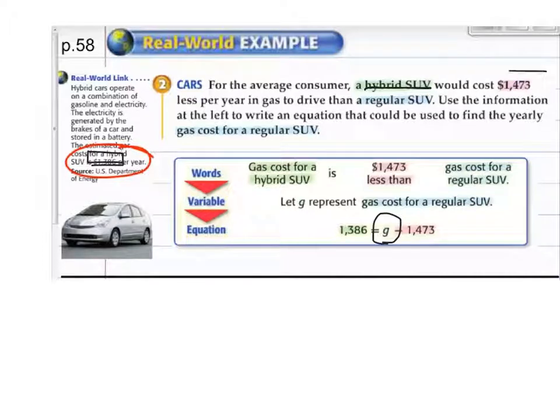But from up here in our problem, we know that a hybrid SUV is $1,473 less than a regular SUV. So we're taking our unknown, the gas cost for a regular SUV, minus the difference between a hybrid and a regular SUV. So our equation would be 1,386 equals G minus 1,473.